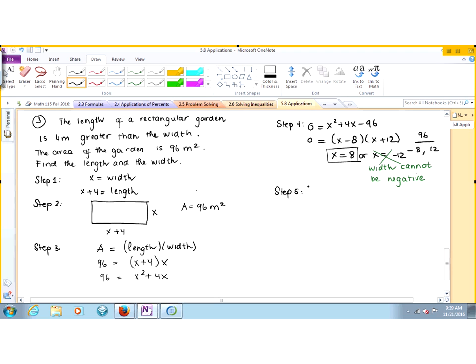So step 5. Yes. So width is 8 meters. What about the length? How do you get 12? Yeah, that's right. X plus 4. So this is your X. And this is your X plus 4.